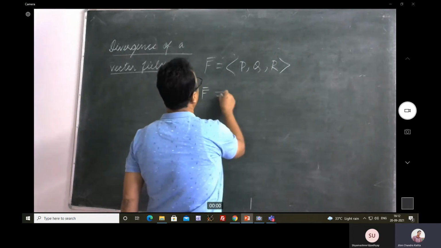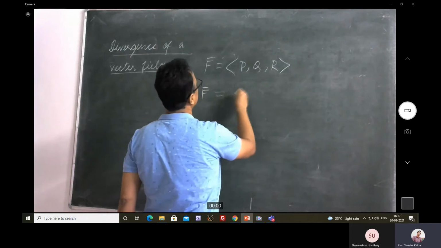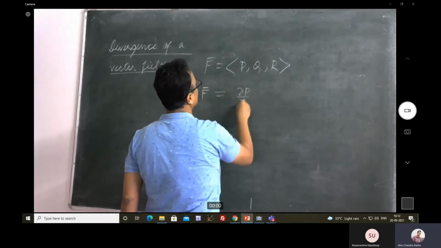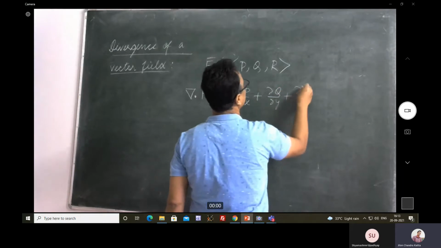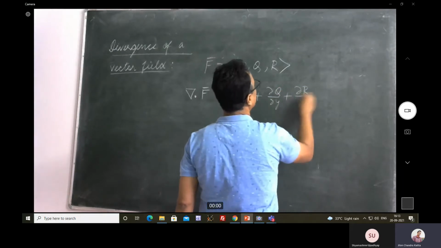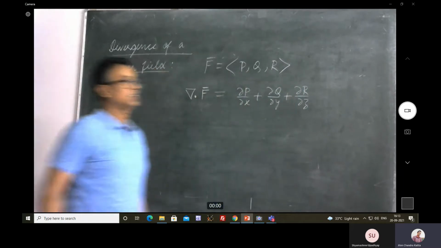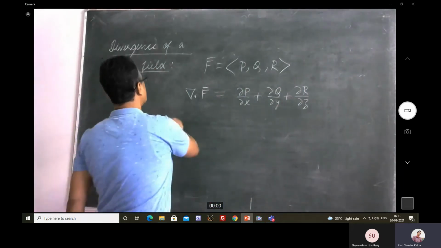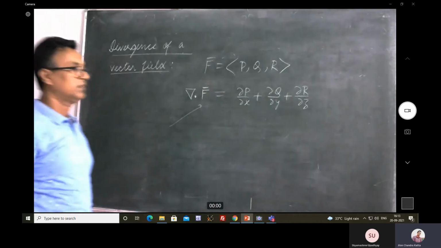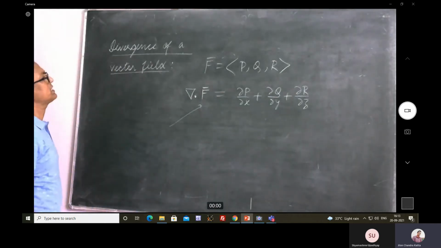Then this is defined simply as del P del x plus del Q del y plus del R del z. That is as easy as that. Again, this concept is very broadly used in fluid dynamics.